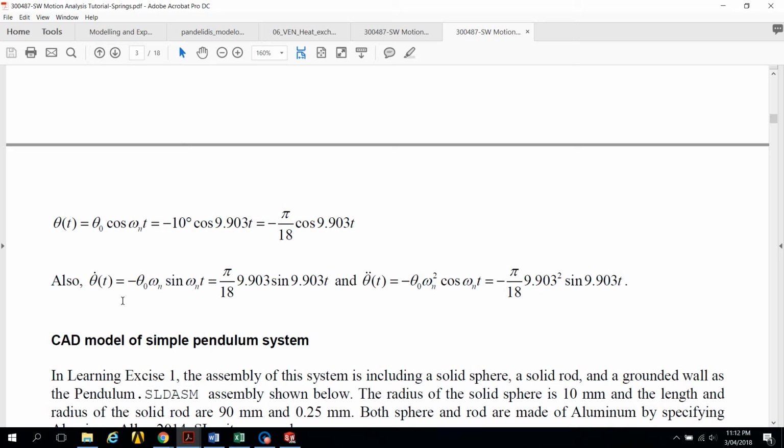And for the acceleration, we're going to have the other equation, which is minus theta o omega n square multiplied by the cosine of omega n t, and that's the answer we're going to have.